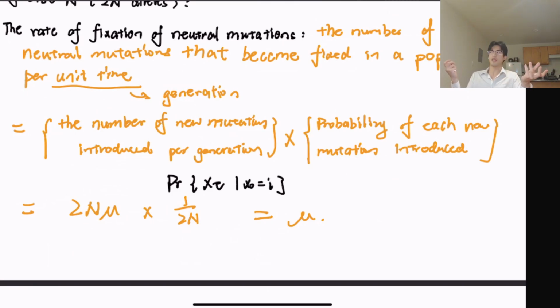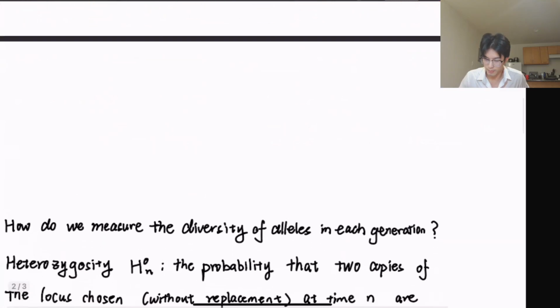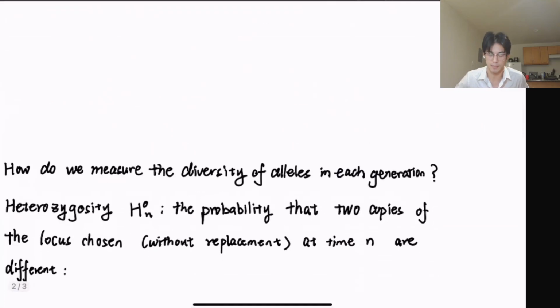In generation n plus one, do we have a majority being big A, or do we have equal probability, or if we have multiple, are they splitting equally, or dominated by the majority type of allele? So the summary statistic that measures this is called heterozygosity, or homozygosity, which is its complement.